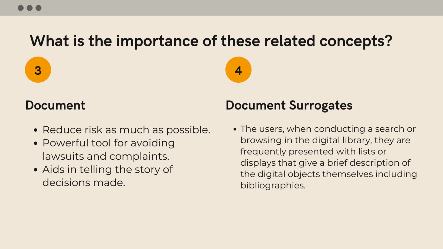Lastly, for document surrogates, the users, when conducting a search or browsing in the digital library, are frequently presented with lists or displays that give a brief description of the digital objects themselves, including bibliographies. Documents are listed according to metadata attributes such as date for pure Boolean ranking.